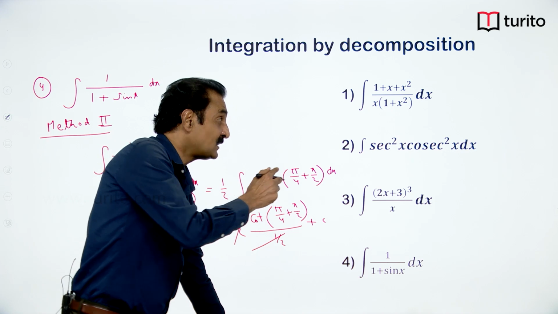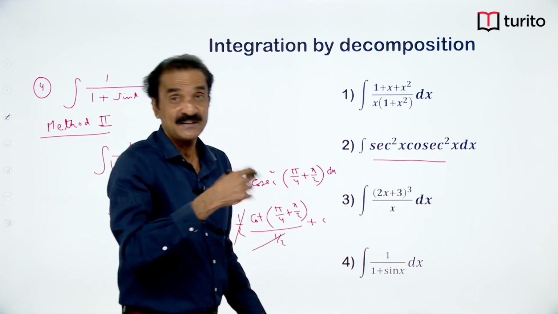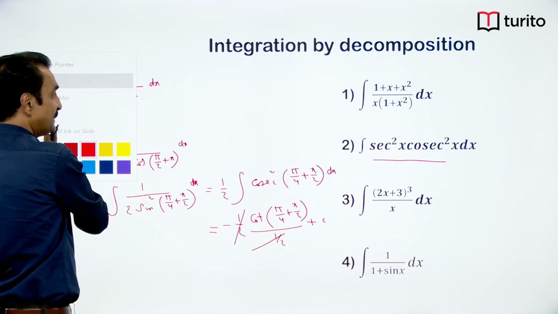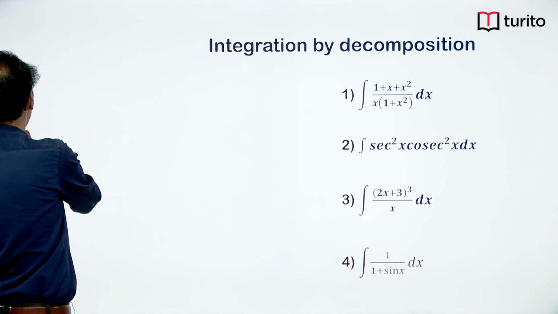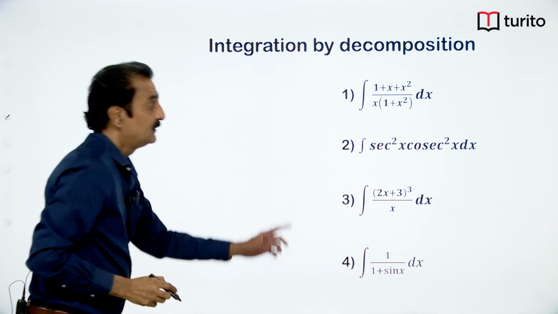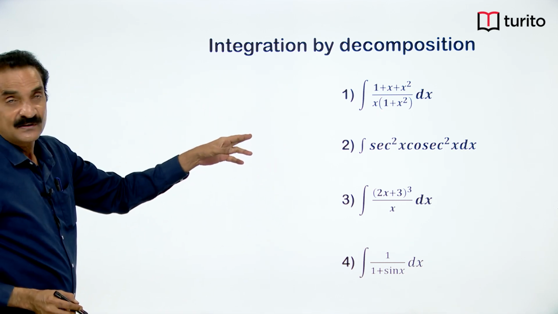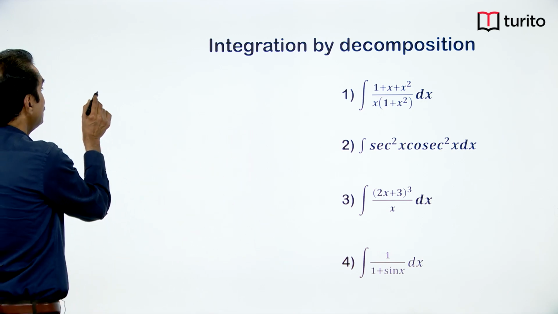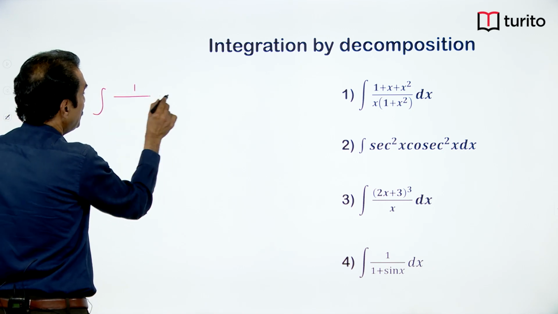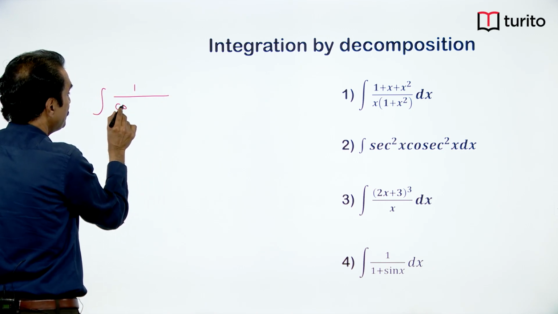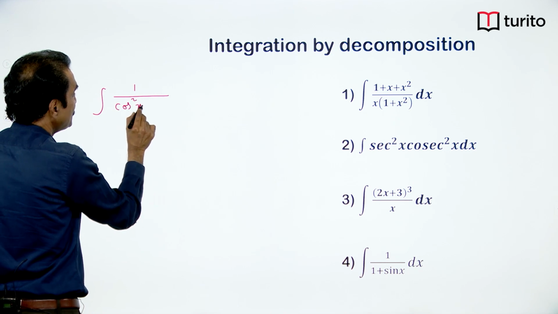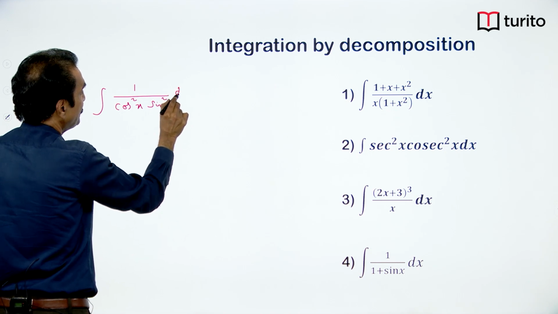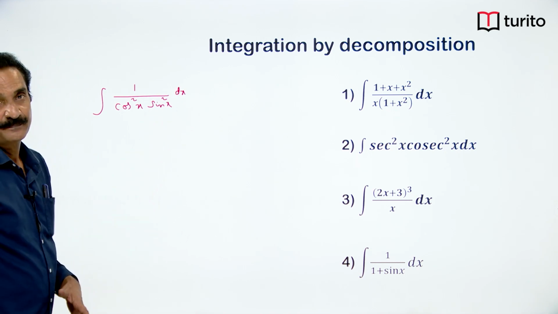And we can also solve this second question in another method. We have written secant square x as 1 by cos square x, cosecant square x as 1 by sin square x. We get 1 by cos square x sin square x.